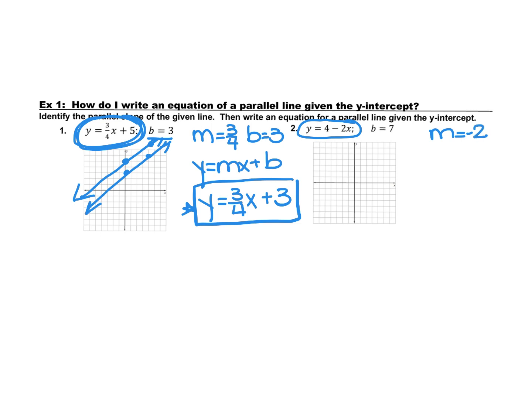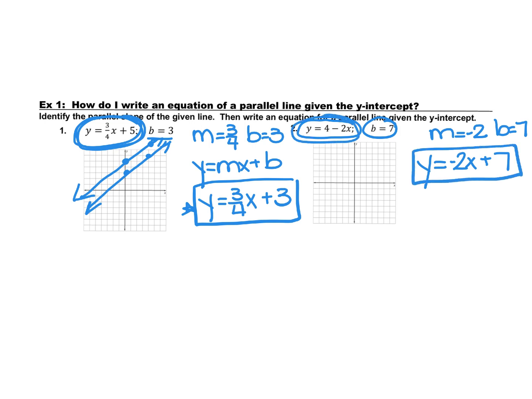So we have a line that has to have a -2 slope, and remember we want that y-intercept of 7. So I'm going to write my new equation. Y is equal to, we're just plugging in, so our slope is -2 and our y-intercept is 7. So here's an equation that's parallel to this line right here, and it has a y-intercept of 7.